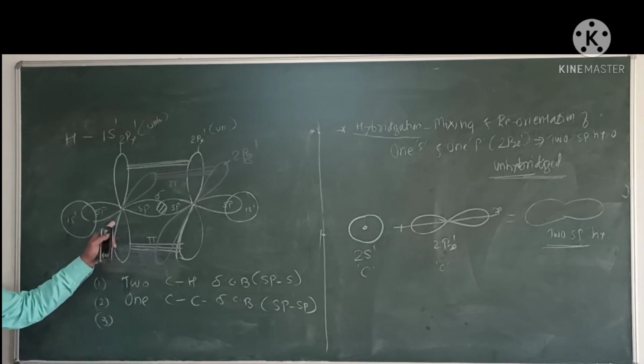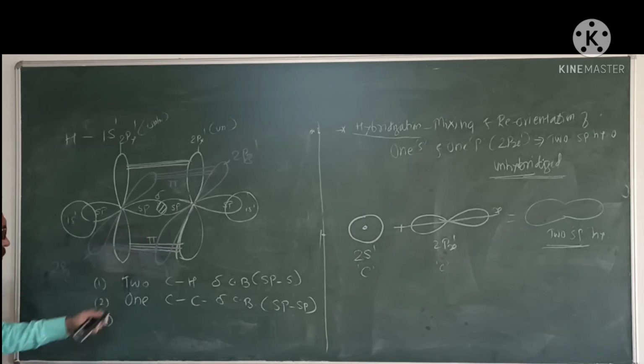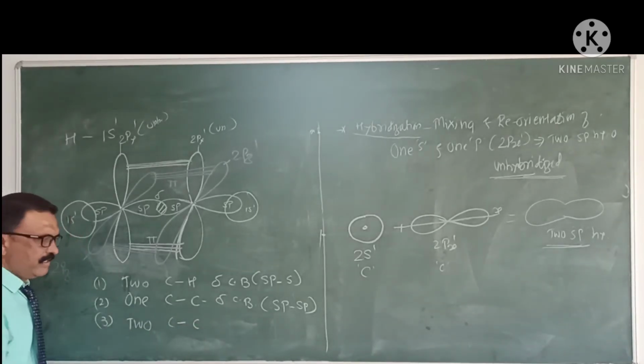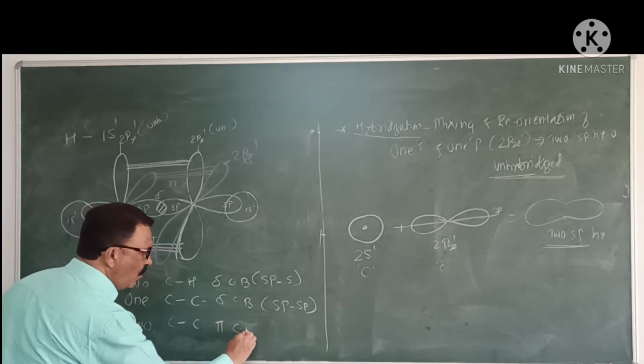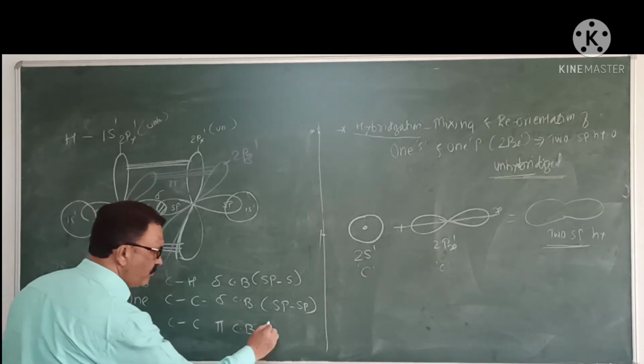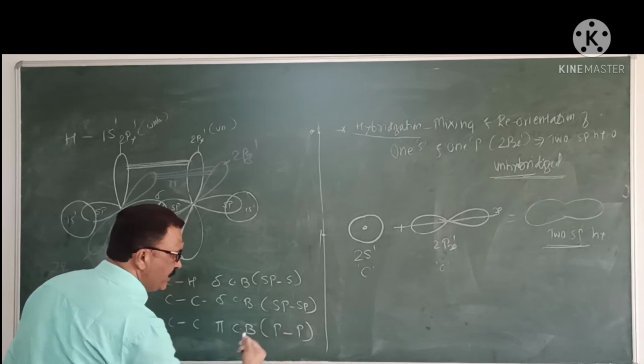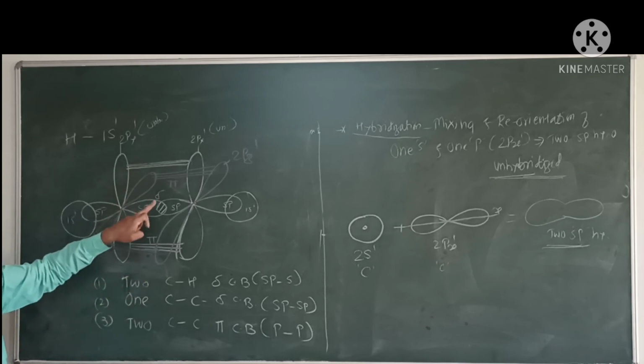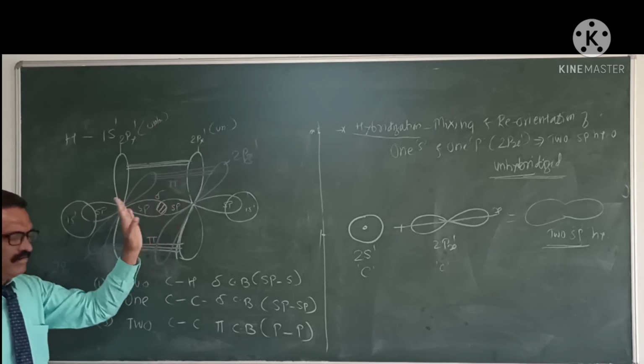Then the molecule contains two carbon-carbon pi covalent bonds formed by pp overlapping. Hence there are a total of 2 plus 1 3, plus 2 5 bonds: 1, 2, 3, 4 and 5.